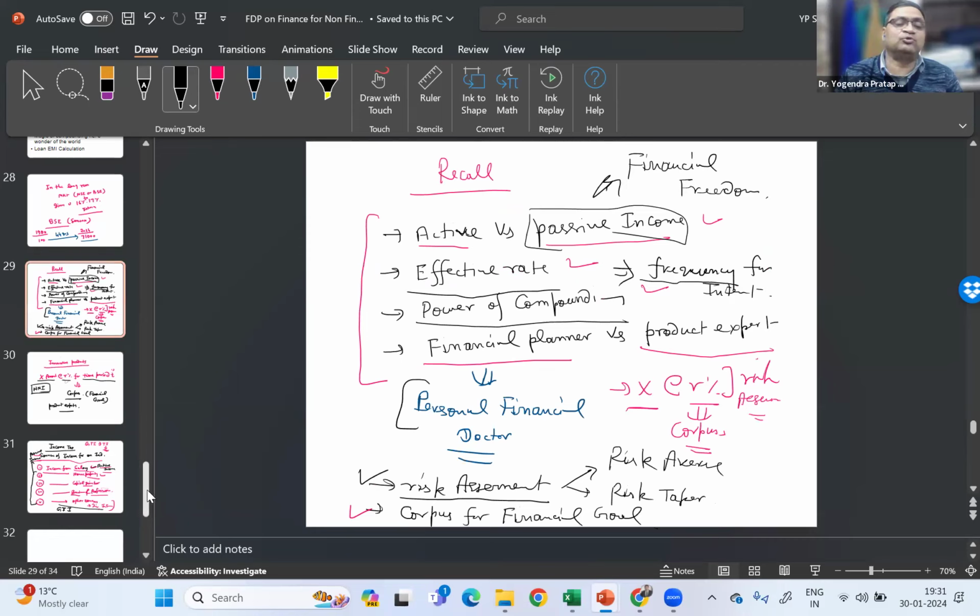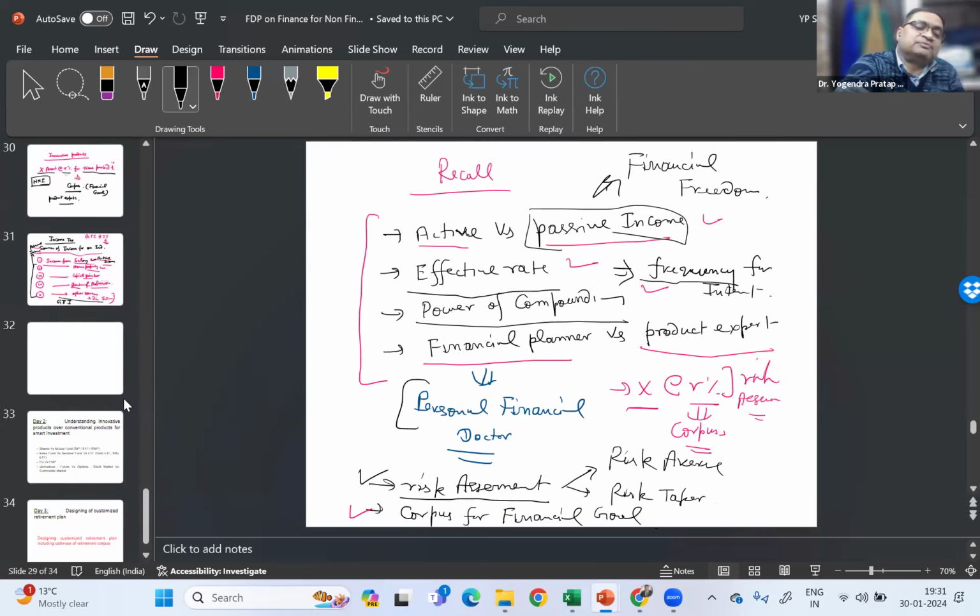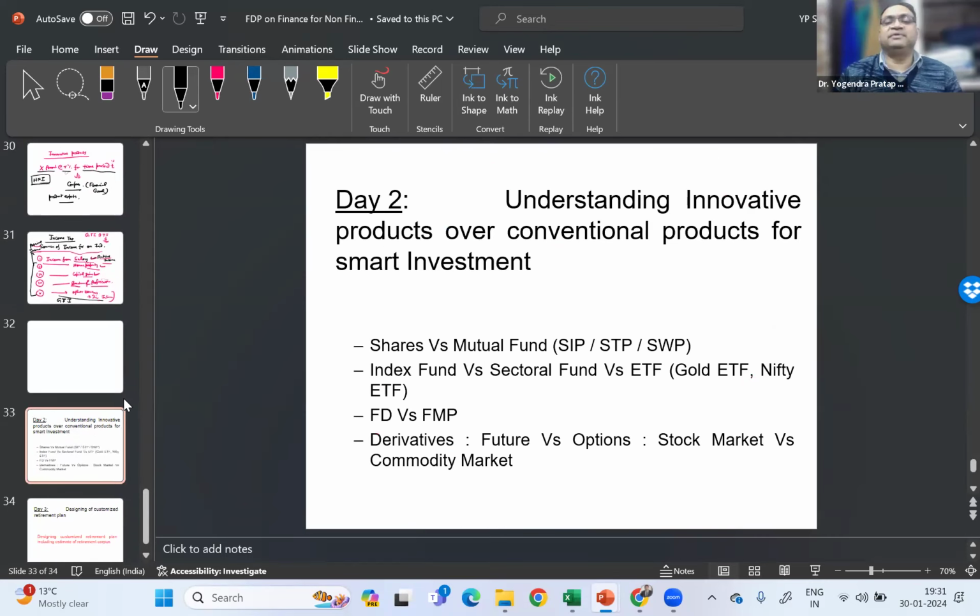And now, today's session is the most important session. We are going to discuss what could be the innovative products over the conventional products for smart investing. This is our topic: smart financial planning, personal financial planning with smart investing.